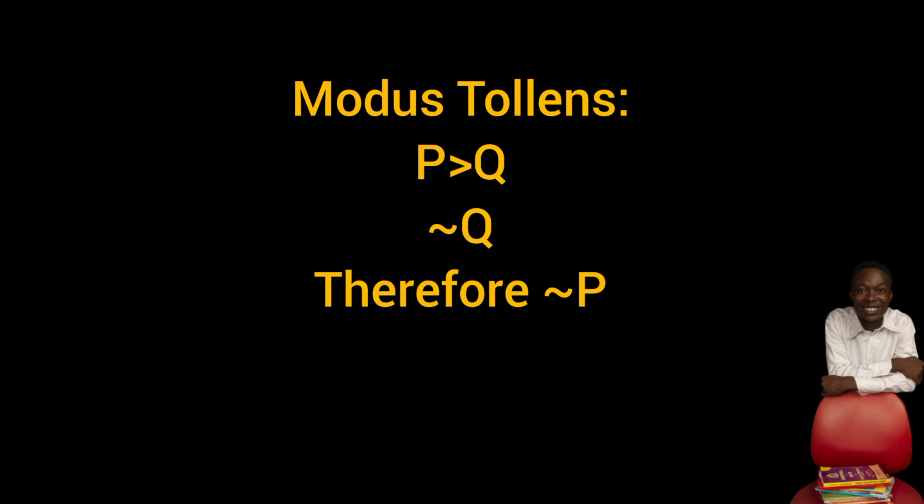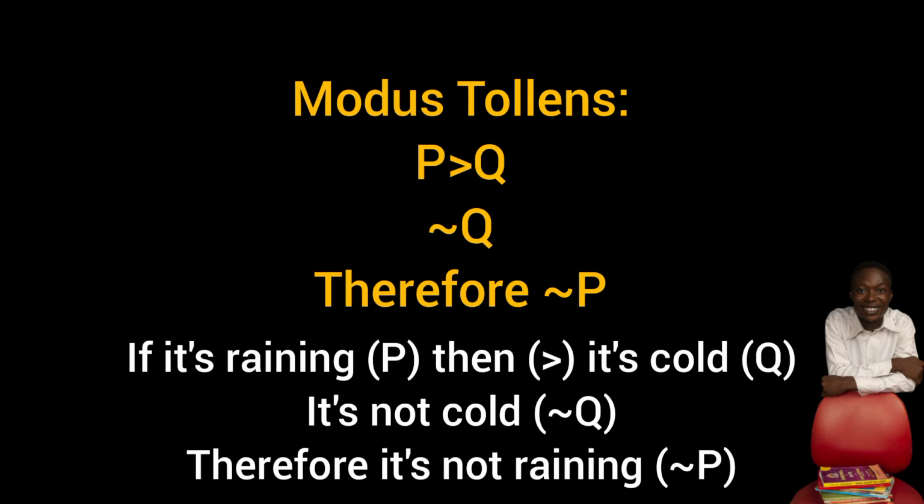Now let's take it as P implies Q means if it is raining, then it is cold. Negation Q means it is not cold. Therefore, negation P means it is not raining. Are we getting it? So, if it's raining, then it is cold. It's not cold, okay? So, it's not raining.